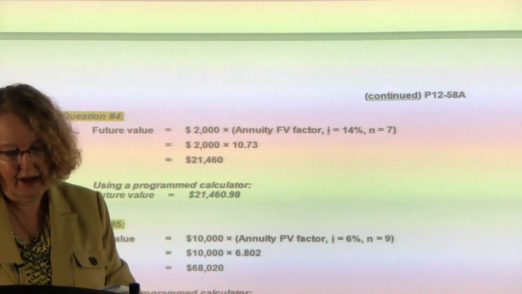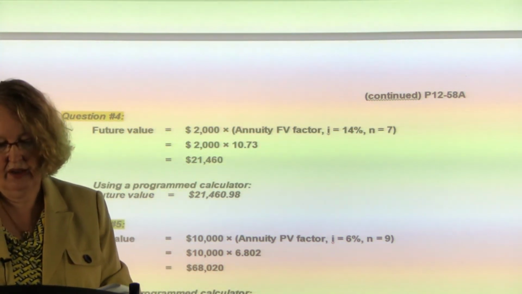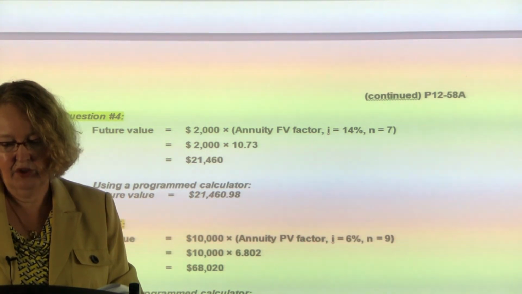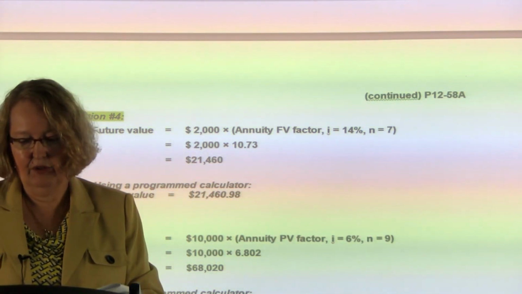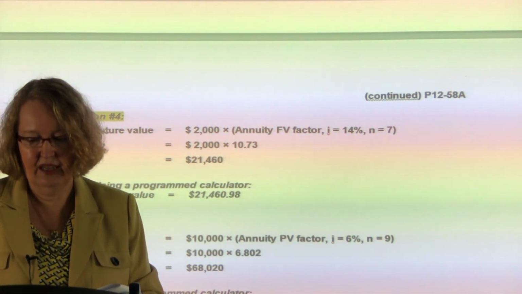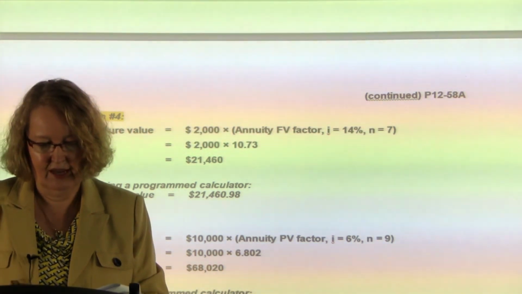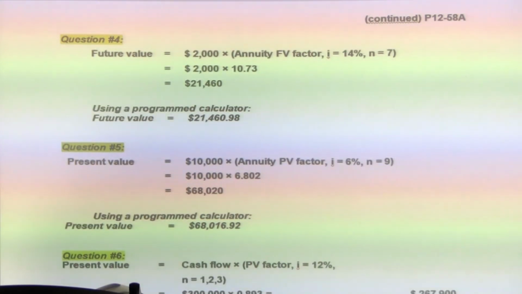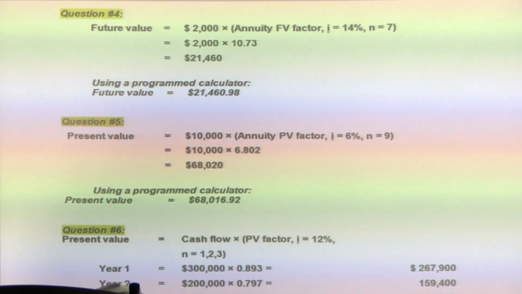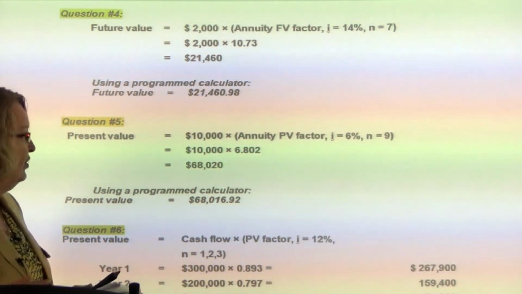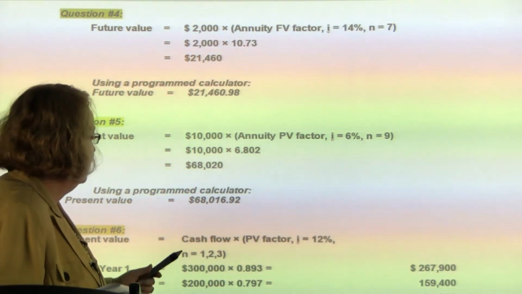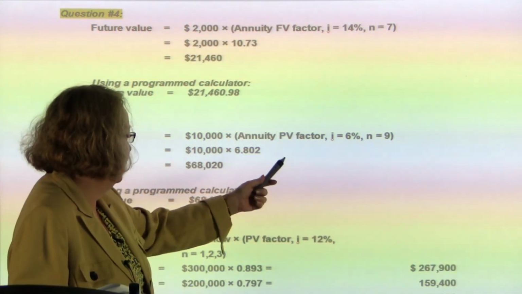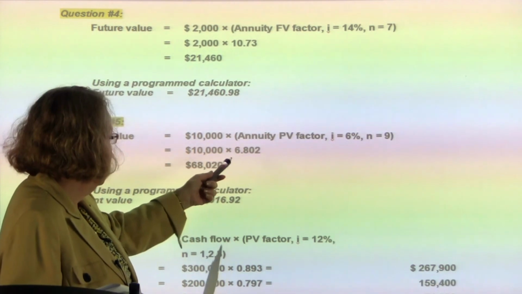Scenario number 5 is assuming an interest rate of 6%. How much would you have to invest now to be able to withdraw $10,000 at the end of each year for the next 9 years? Again, because it's an annual amount, you're looking at your annuity tables. So you're looking at 6% for 9 years to locate this factor.